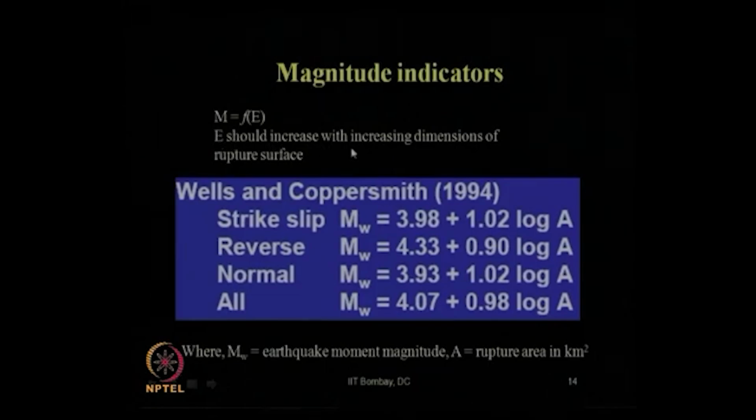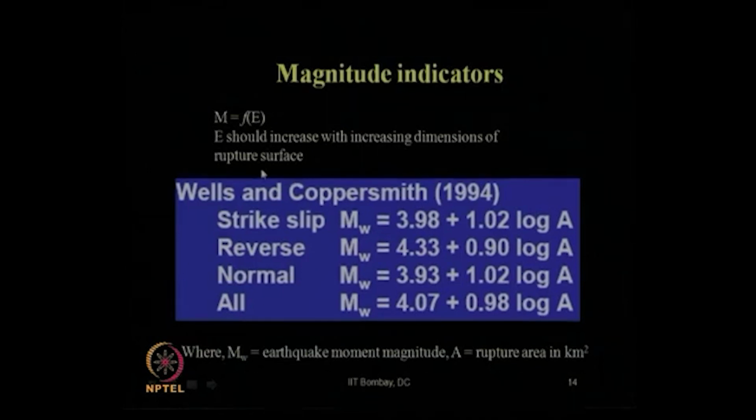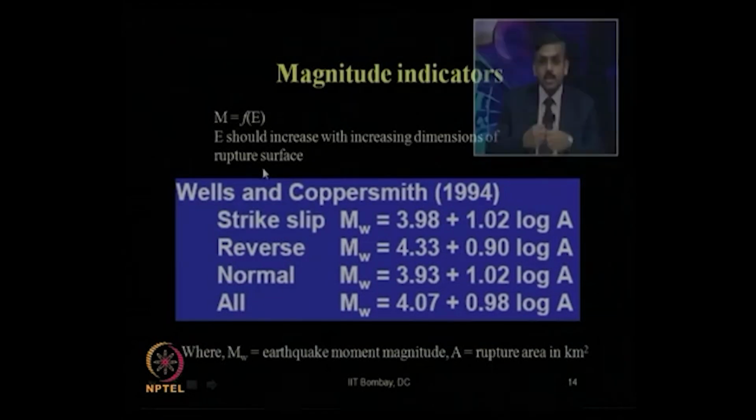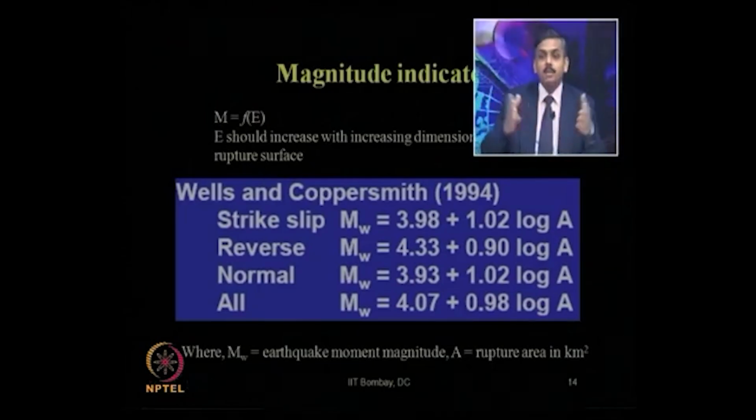So, the energy should increase with increasing dimensions of the rupture surface, because if during an earthquake more energy is released, that means more rupture of the fault will take place. Am I right? That shows the relationship as proposed by Wells and Coppersmith in 1994 for various types of faults, to estimate the moment magnitude of an earthquake based on the area of the fault rupture.